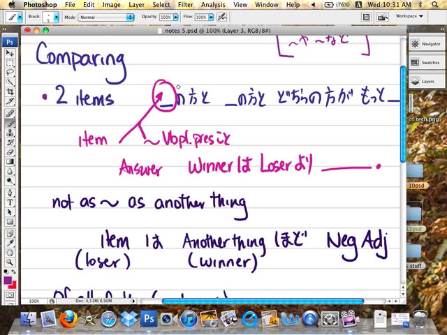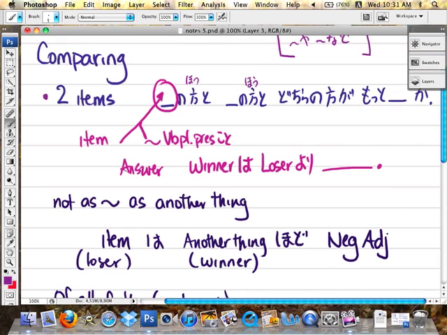So we say, look, this side, and this character is just read hou. So we say, you know, this side or this side, which side is more, and then whatever quality you want to pick. So keep in mind that things you can compare can be things like items, or they can be, as we looked at before, something you do or something to do.